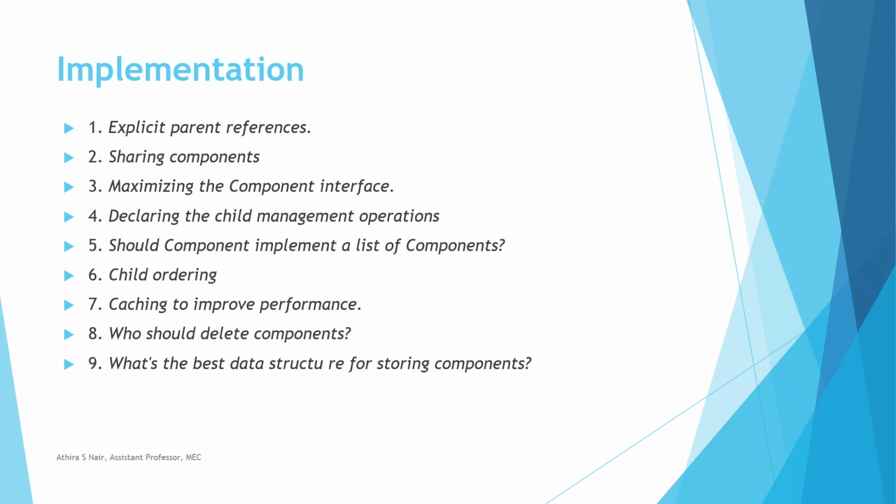Defining child management in the composite class gives safety, because any attempt to add or remove objects from leaves will be caught at compile time. But we lose transparency because leaves and composites have different interfaces.